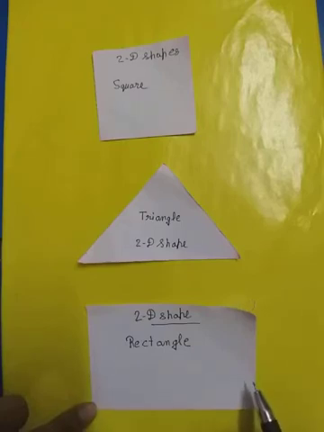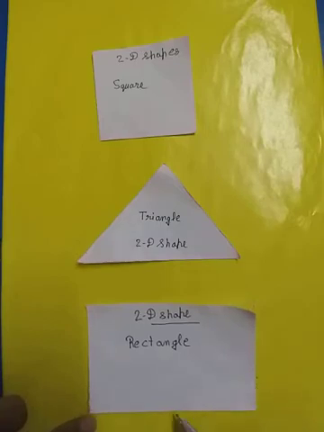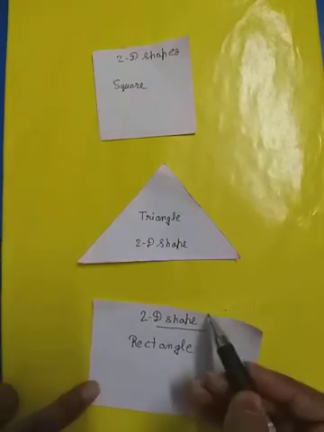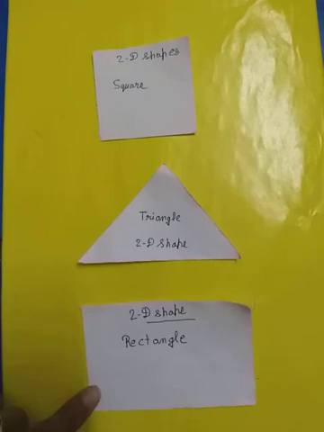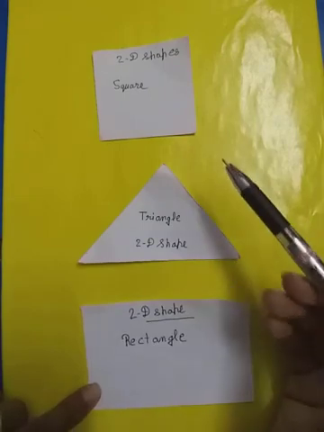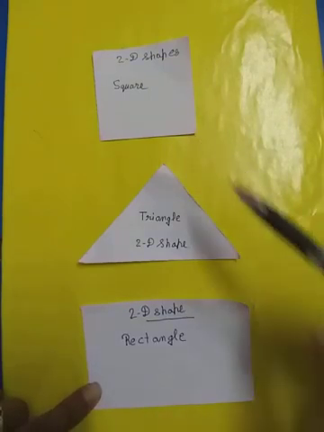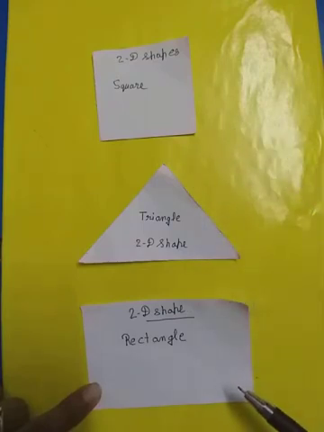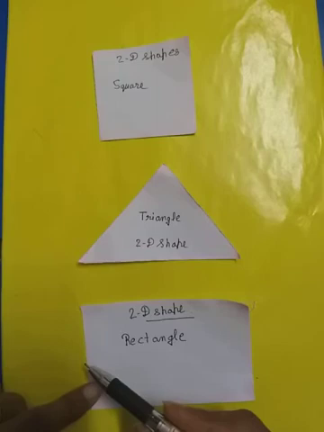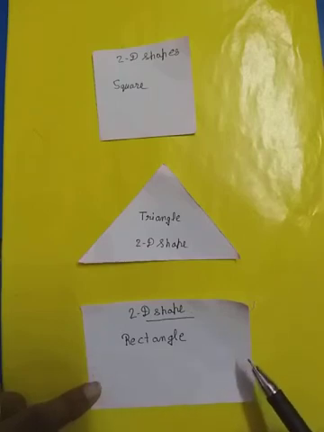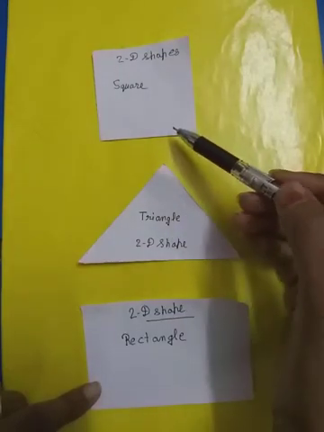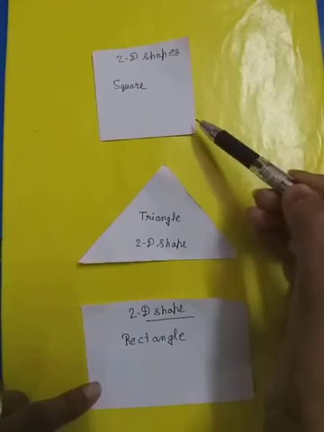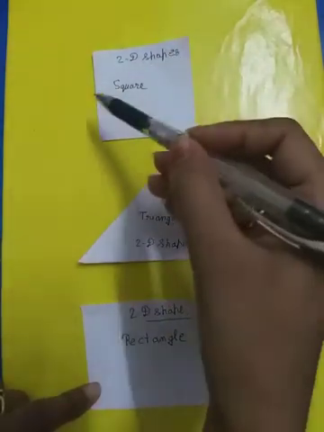This one and this one will be equal in a rectangle, and this side and this side will be equal. We have one difference between the square and the rectangle: in a rectangle opposite sides will be equal, and in a square all sides will be equal.